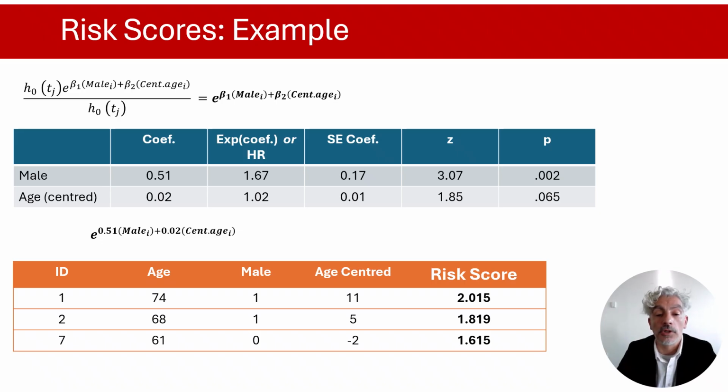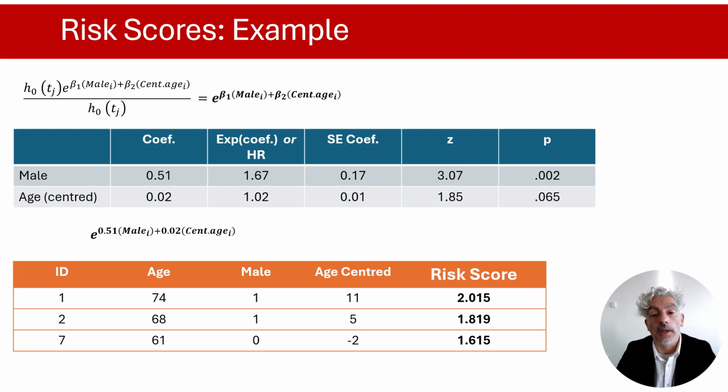So they measure the relative level of hazard of a participant in comparison to the baseline hazard function, in comparison to a baseline participant. But where these risk scores are particularly useful is in providing some intuition about the mechanisms at play in determining risk.